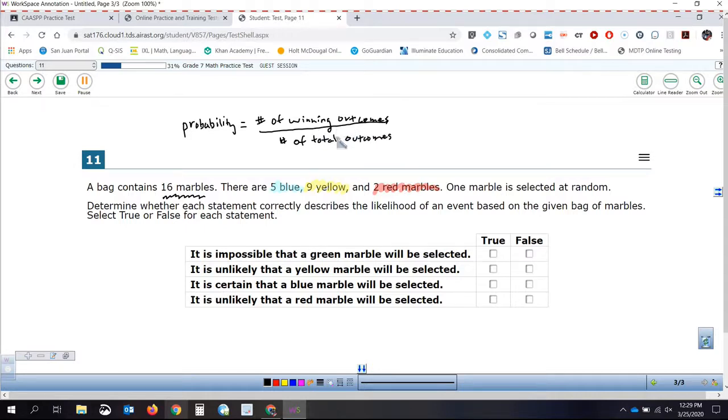And by winning outcomes, we mean what it is that you are trying to select or what it is they are asking you to select.